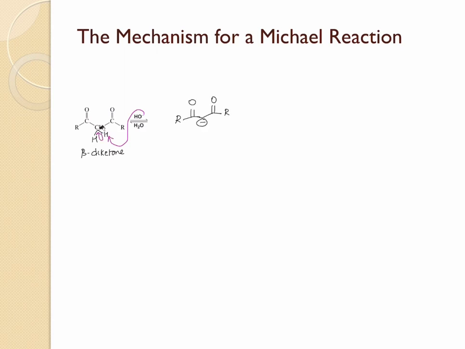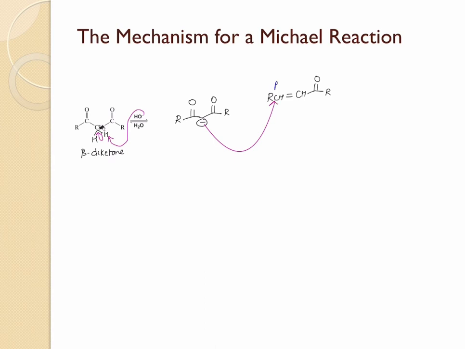Now once the enolate ion is formed, the next is the addition reaction, conjugate addition reaction with the alpha beta unsaturated carbonyl compound. Let's draw an alpha beta unsaturated carbonyl compound. Here is our alpha beta unsaturated carbonyl compound, where these electrons from the enolate ion is going to make a nucleophilic attack on this electrophilic carbon.